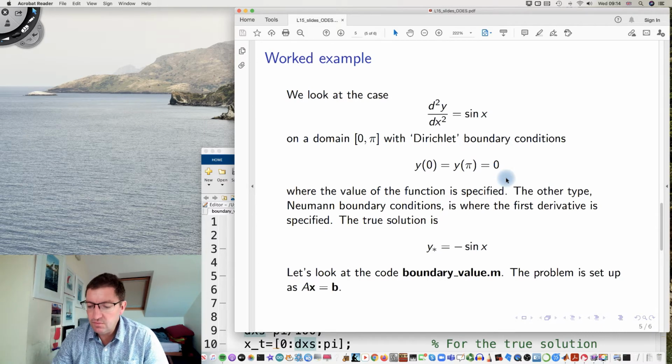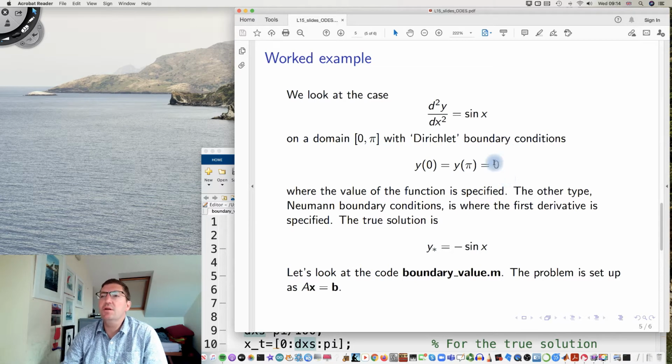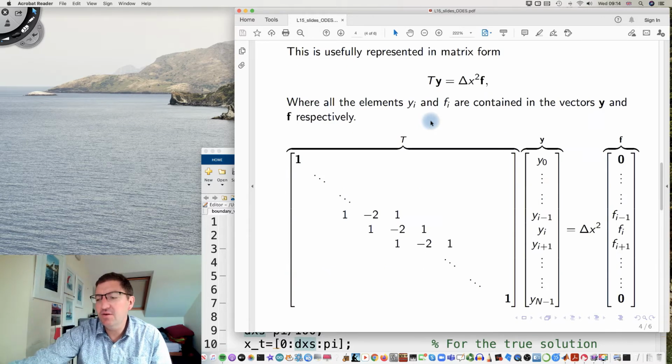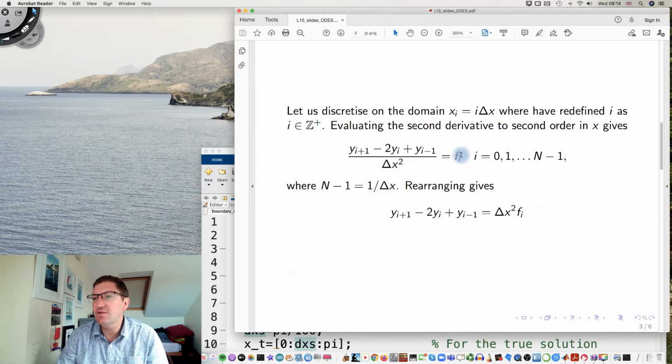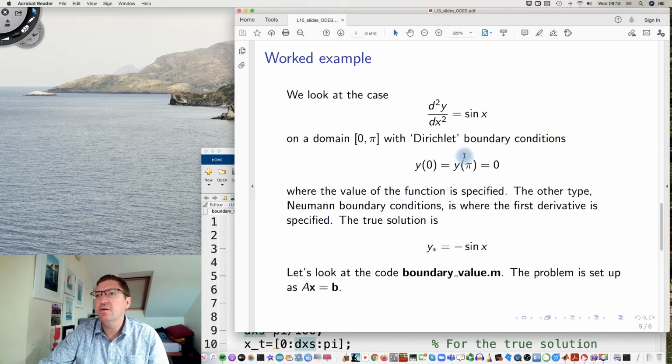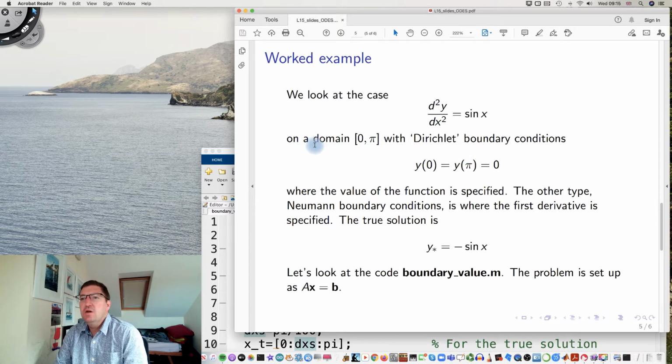So we're now going to just go over to our MATLAB in a minute to look at a worked example. We're going to look at the case where d2y by dx squared is sine x, so basically I've called f on the right hand side, our function is the sine x now. We are on a domain now of 0 to pi because that fits best with a sinusoidal function.